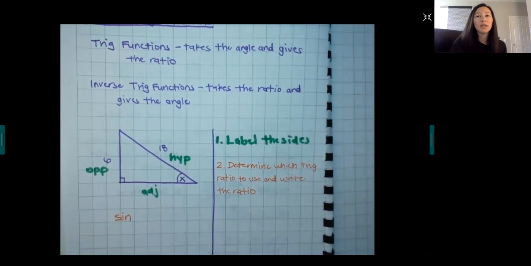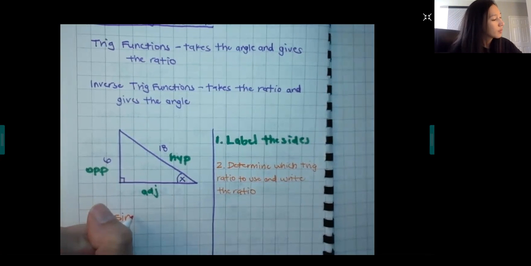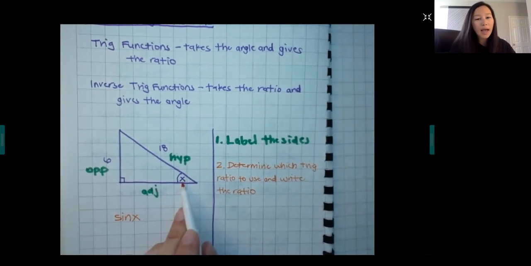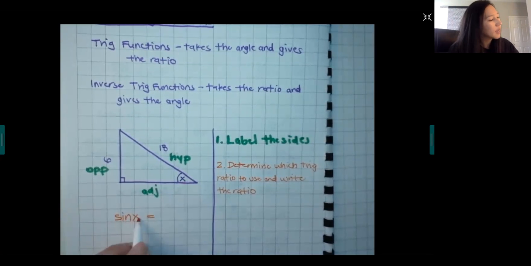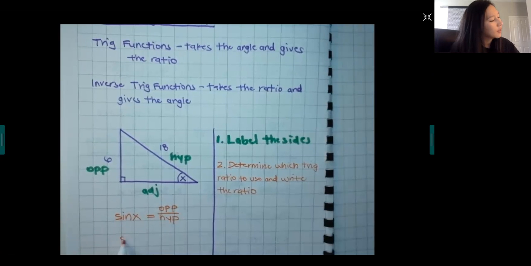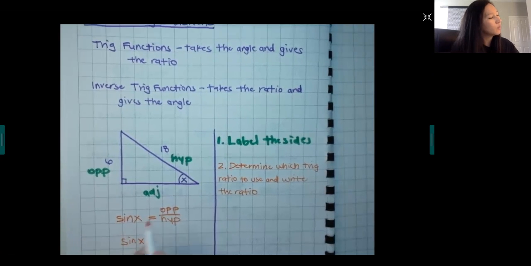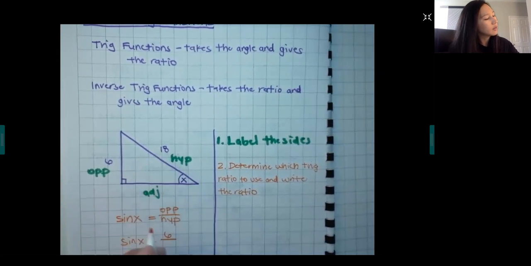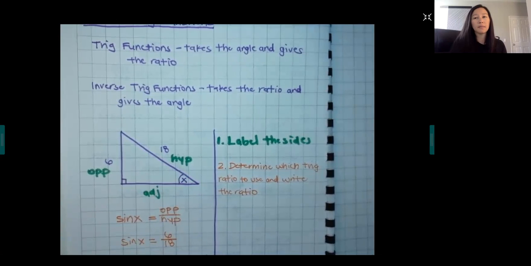So we're going to be using the sine of our angle, which is x, and we know the sine of that angle is equal to the opposite side over the hypotenuse. So the sine of x equals, well, our opposite we know is 6, and our hypotenuse we know is 18.